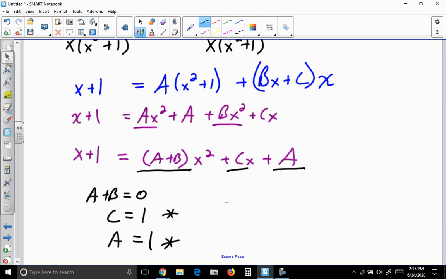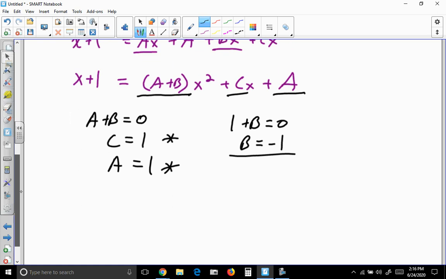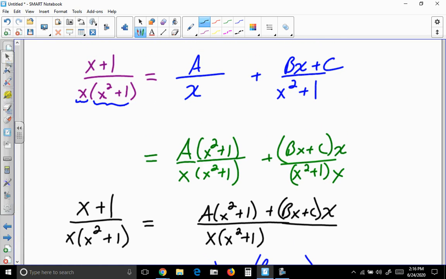But if we substitute in, a is 1. So a plus b equals 0. Subtract 1 from both sides, and now we know b. So if we put that back in, then we have 1 over x plus negative 1x plus 1 over x squared plus 1.